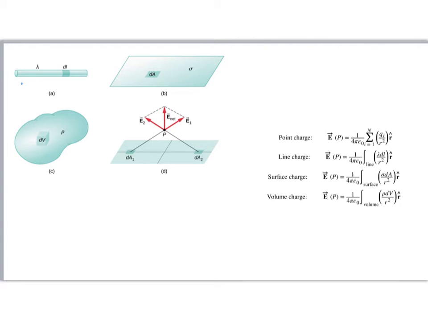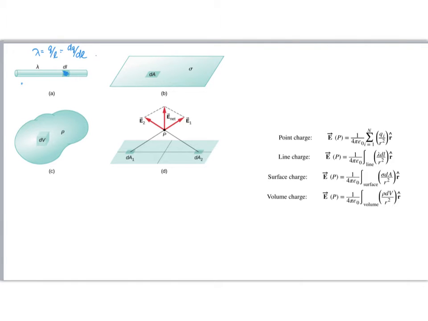You can have a line distribution, and so we typically use lambda to represent the charge per unit length, or dq over dl, where dl would be the little length of the line that I take, and dq would represent the amount of charge enclosed in that.